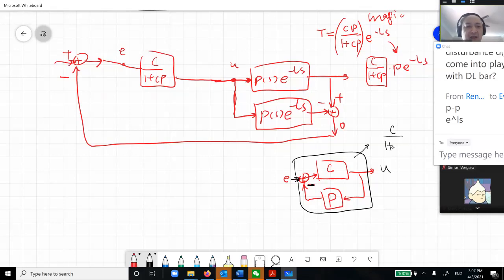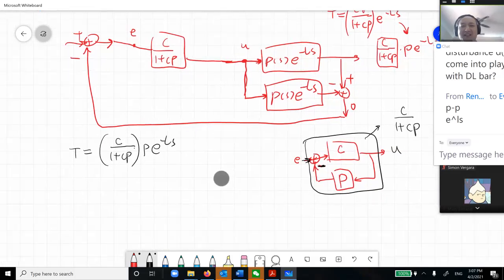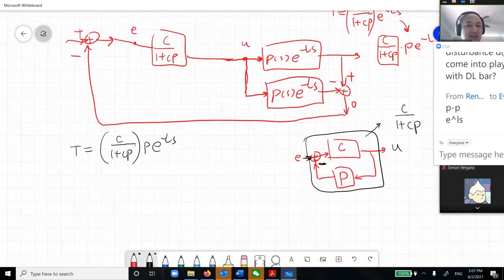C over 1 plus Cp, right? If I can design something like this, then what's the closed loop transfer function? It is C over 1 plus Cp times P e^(-Ls). Compare this with the original: it is as if I erased this term from my denominator. Isn't this magic? Yes, done.